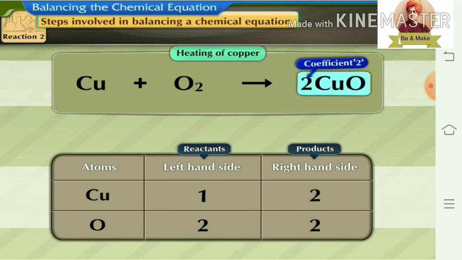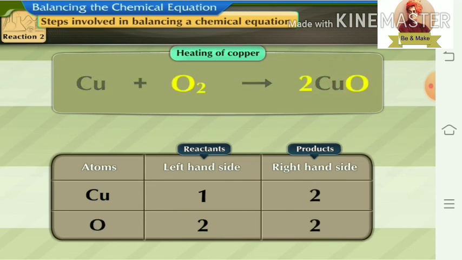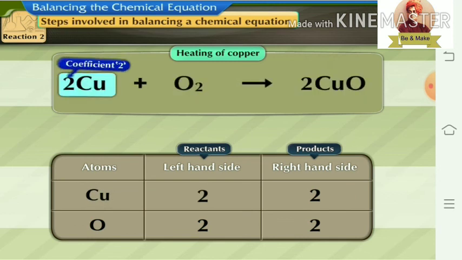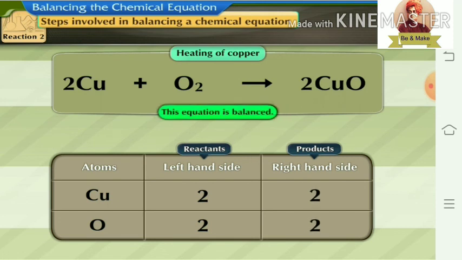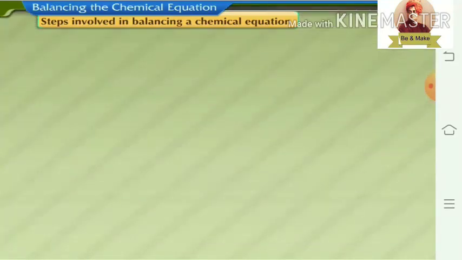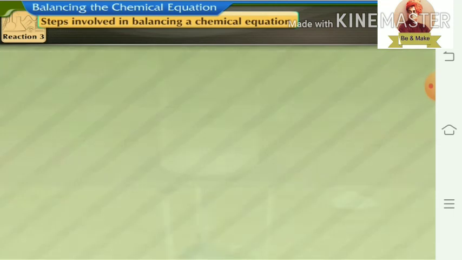So oxygen here is unbalanced. If we multiply CuO by 2, then we get the number of oxygen atoms at reactant and product side 2. Because of that, the copper number also becomes 2. So we multiply copper also by 2. Thus, count the number of atoms at both sides. They have become equal, copper and oxygen. Therefore, we can say this reaction is balanced. Now we have to write their physical states. You can write it.